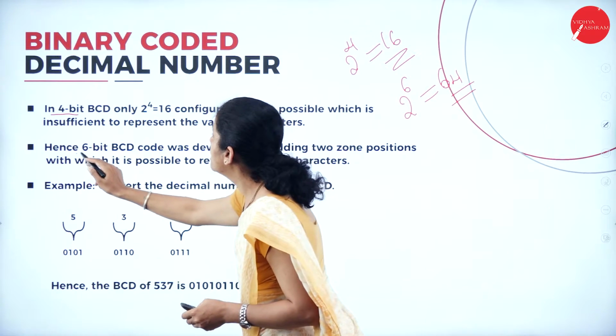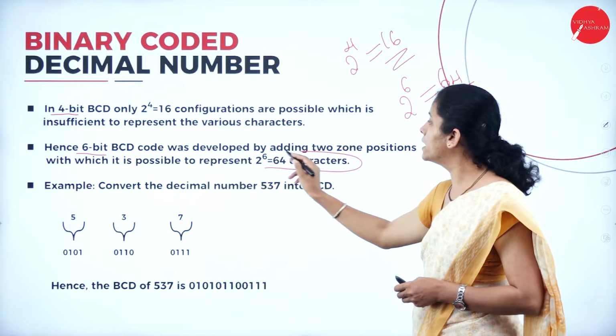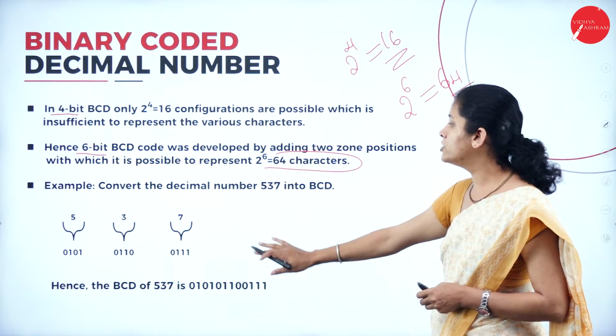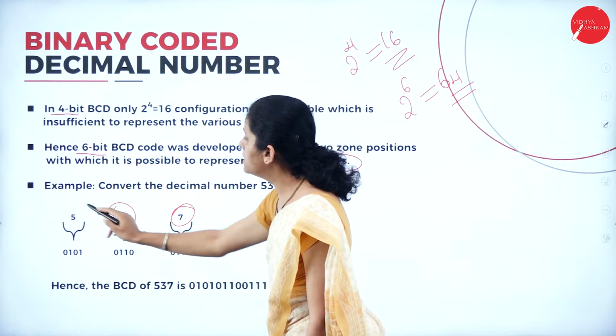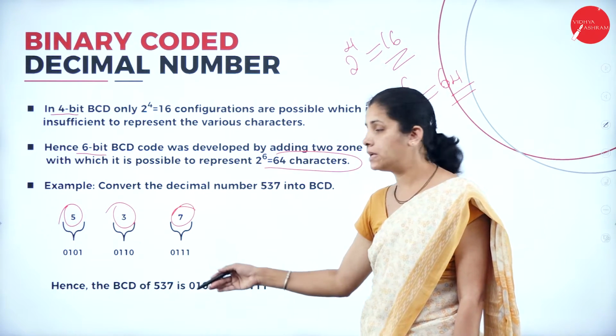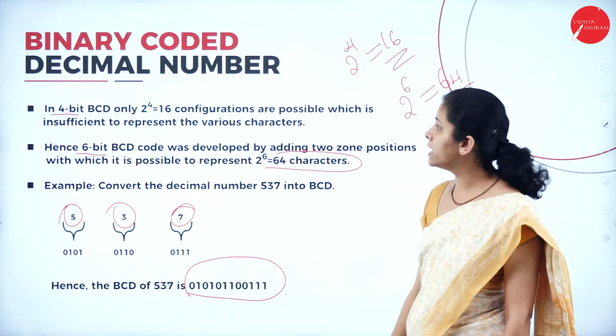So here we have a 6-bit BCD so that I can get 64 characters, and this is the conversion I'm going to have. That means I take the decimal numbers, write the binary representation, and club all the results together.